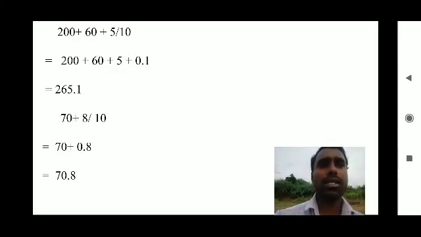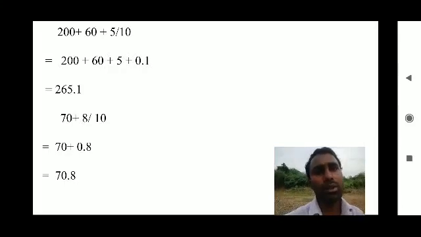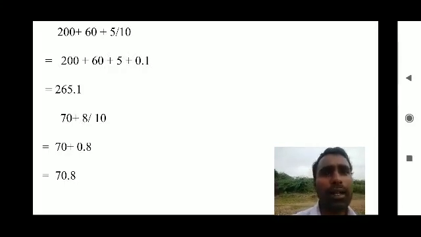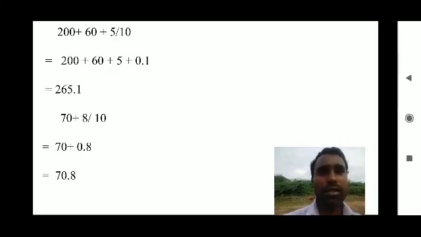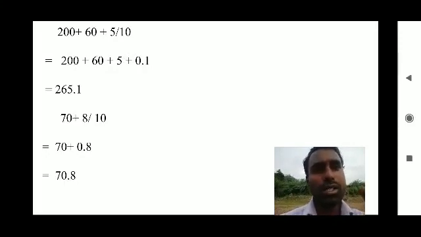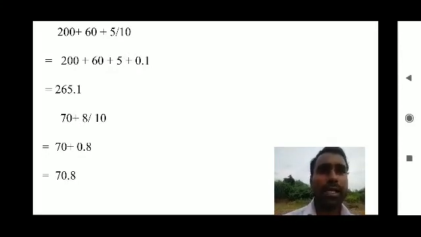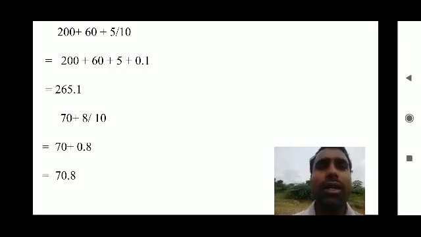This is a model only. So 200 plus 60 plus 5 by 10, 5 by 10 means 0.5. So 200 plus 60, 260.5. That is for the given problem, this is the answer. But here they gave 260.51, no, so don't get confused. 200 plus 60 plus 5 plus 1 by 10 means they gave this answer, 265.1.